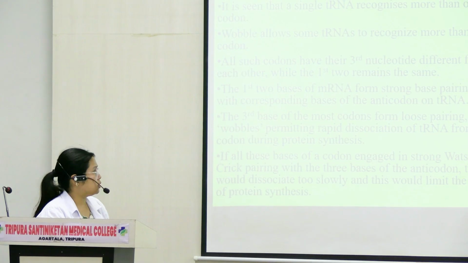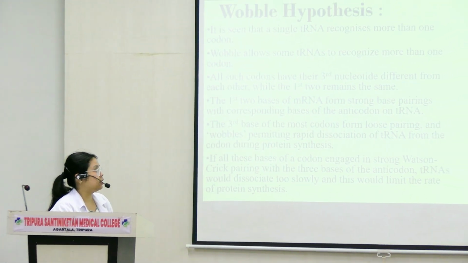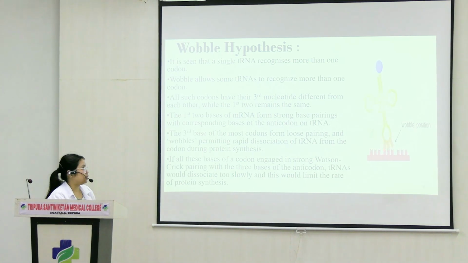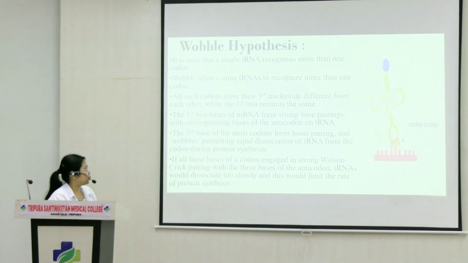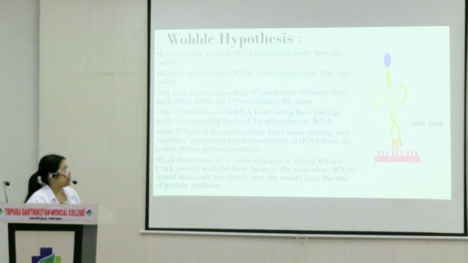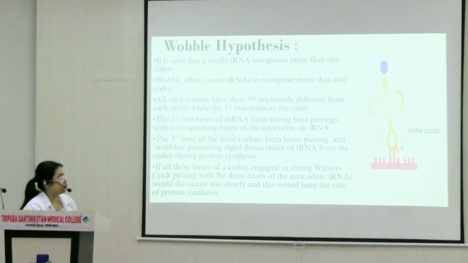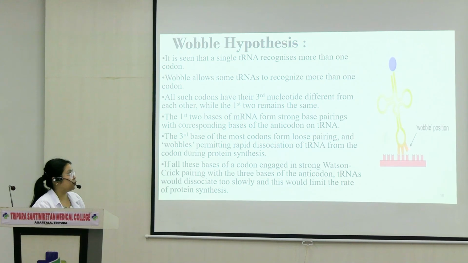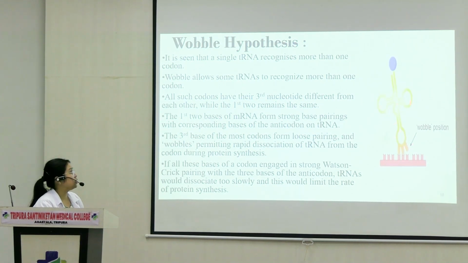So see, this is the nucleotide sequence over here. The first two have good base pairing, right? Complementary base pairing according to the Watson-Crick model. This third one has a loose pairing with the third nucleotide of the anticodon arm of the tRNA. So it wobbles from here and there.